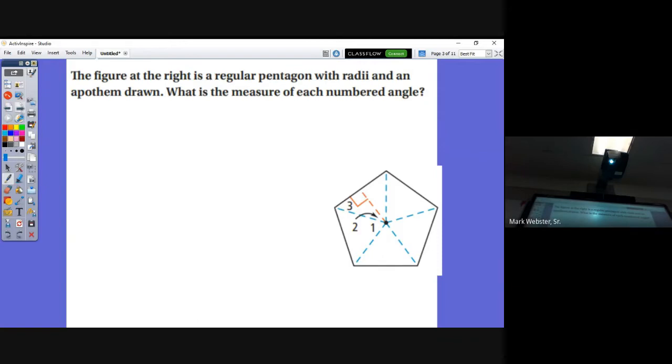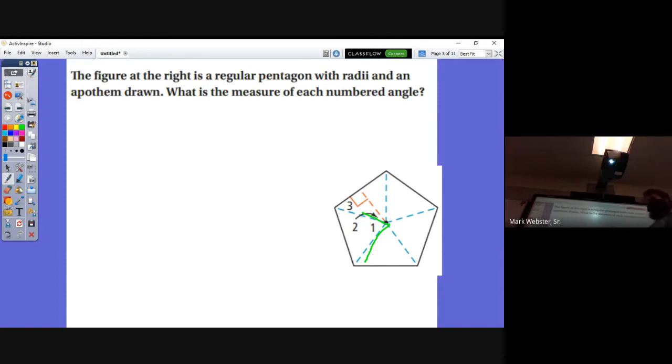All right. So what they want us to do right now is find some of these angles in here. So the first angle is this one. We want to figure out angle number 1. What we want to think about, we just talked about this in terms of a circle, right?